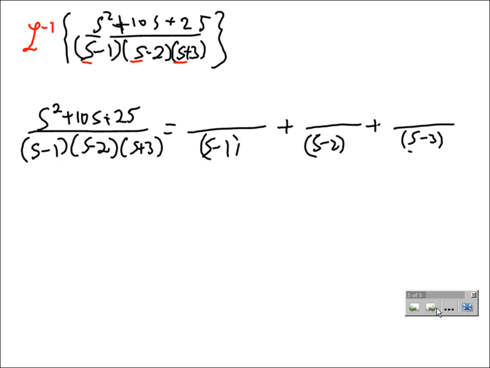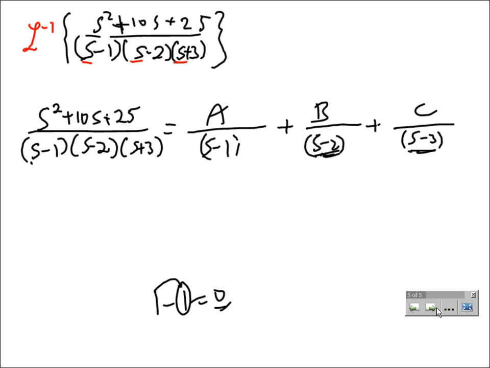Since s minus 1 is linear, which is first degree, I go down 1 degree. First degree, take away 1 is 0 degree, which is a constant, so I'll call it a. This is first degree, always take away 1, you get 0 degree, so I'll call it b. Same argument for that. Now, I want these 3 fractions to have the same denominator.